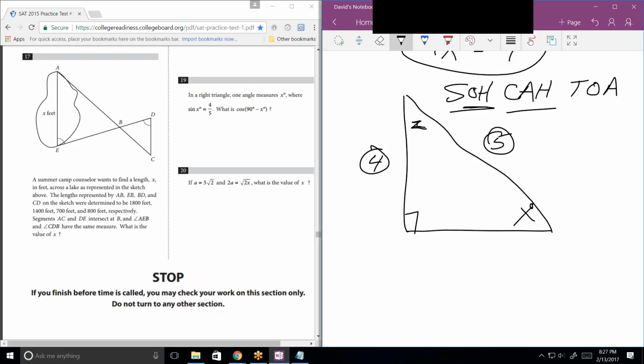Well, cosine is what? What's CAH mean? What's the A stand for? Adjacent over hypotenuse. So what's the angle adjacent to angle Z? Excuse me, I asked that wrong.